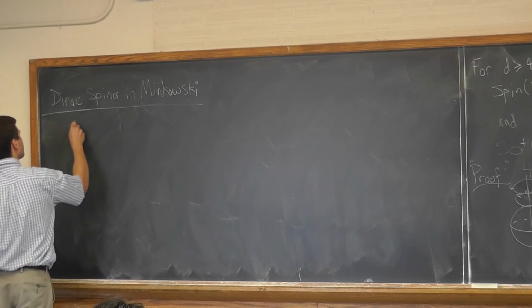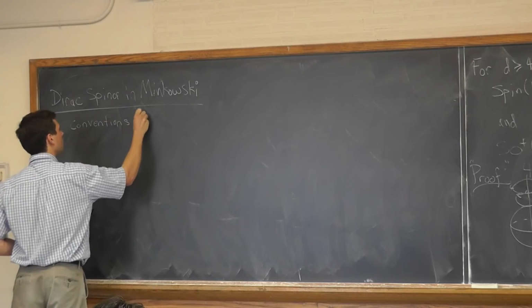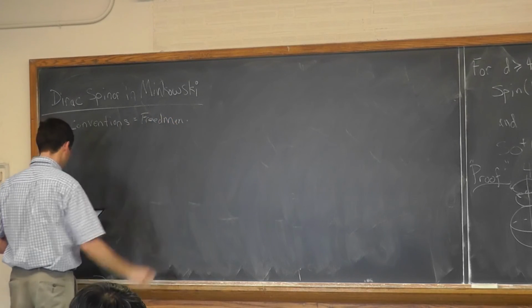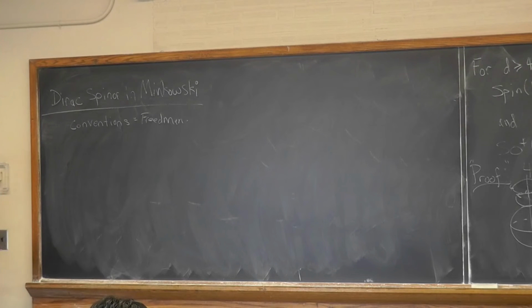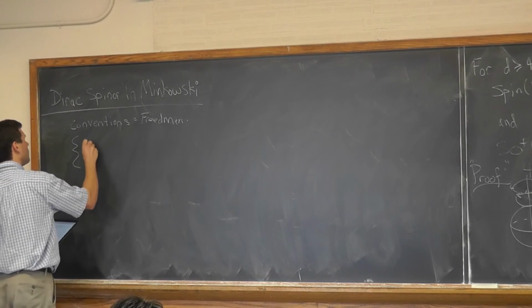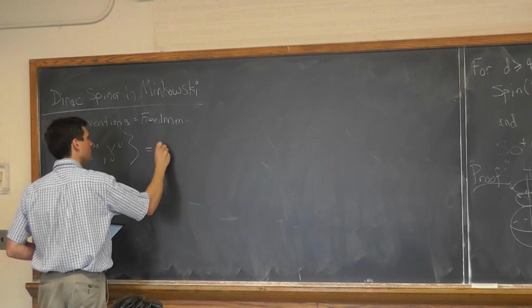My conventions, until further notice, are the conventions of the book by Freedman and Van Proeyen. So the first step is to introduce the gamma matrices.